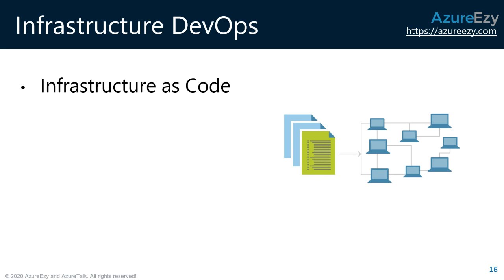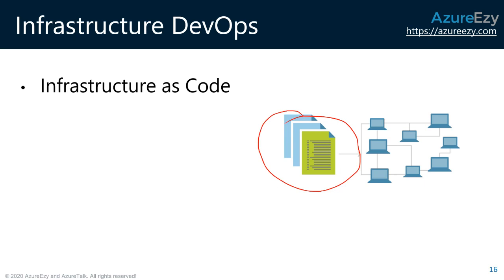Similarly, right now, as you have seen, we create infrastructure using the portal, right? You go to the portal, you click on things, and you do this using a graphical user interface. But infrastructure as code says, why can't we create some script? Why can't we define these things?